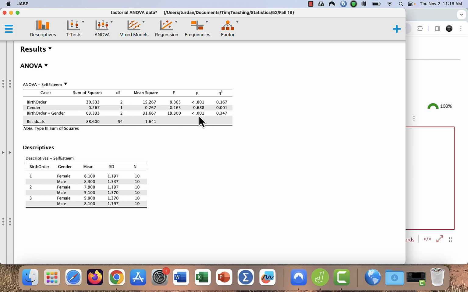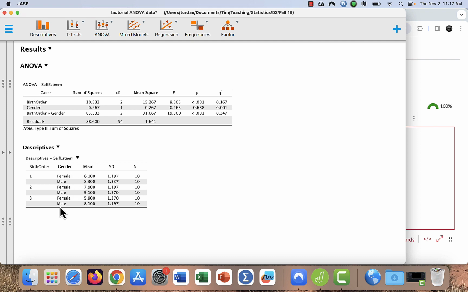I see that that is statistically significant, and that's got quite a large effect size. 34.7% of the variance in self-esteem is explained by this birth order by gender interaction. And what this interaction tells me is that the differences between first, second, and third born children in self-esteem depends on their gender. That is statistically significant when controlling for the main effects of gender and birth order. Okay, so that's how you talk about this part.